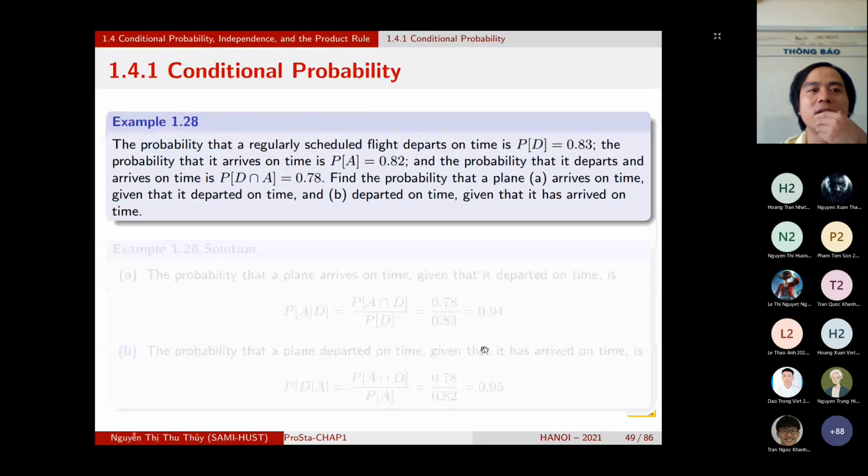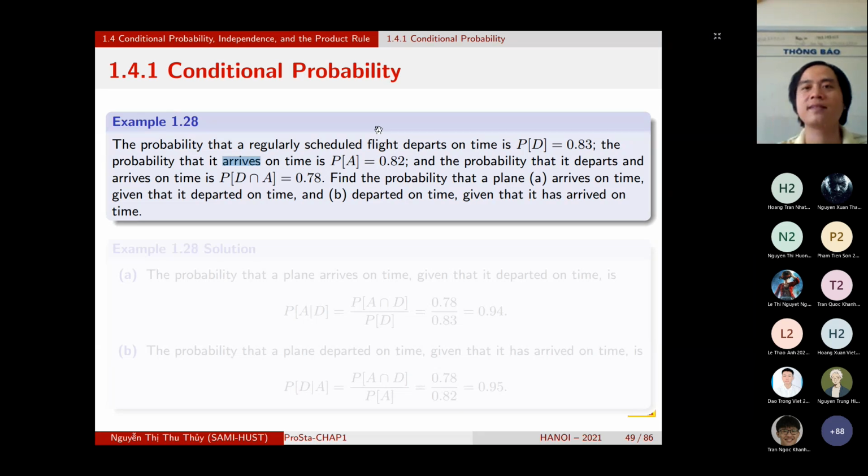For example, assume that the probability that a regularly scheduled flight departs on time, which we denote by P(D), is equal to 0.83, and the probability that it arrives on time is P(A). At the beginning we considered the event of departing on time, and now we consider the event that it arrives on time.